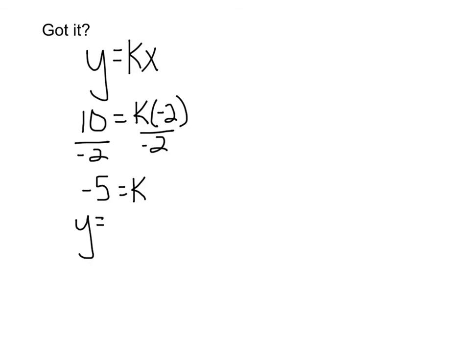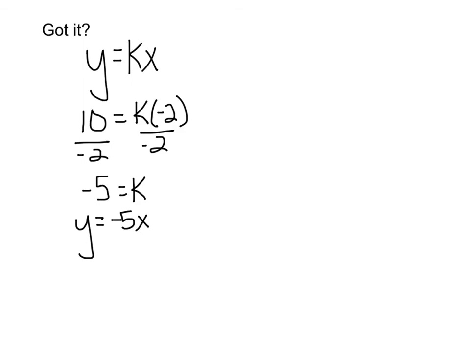Good, it's 10. What do I plug in for x? Negative 2. So what letter do I need to solve for? I have to solve for k. Divide both sides by negative 2. K equals negative 5. So my equation would be y equals negative 5x.